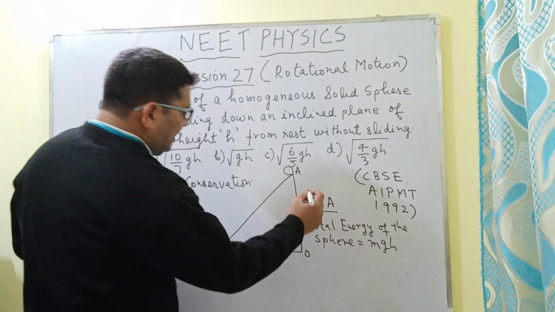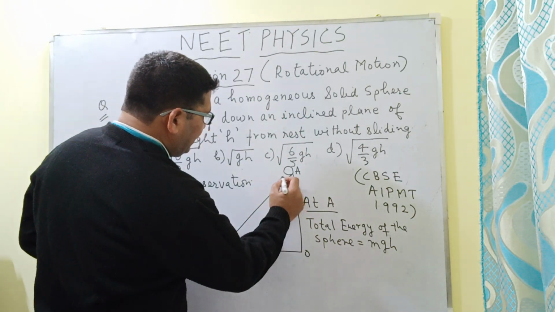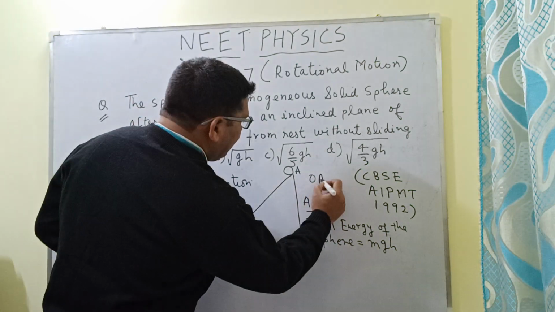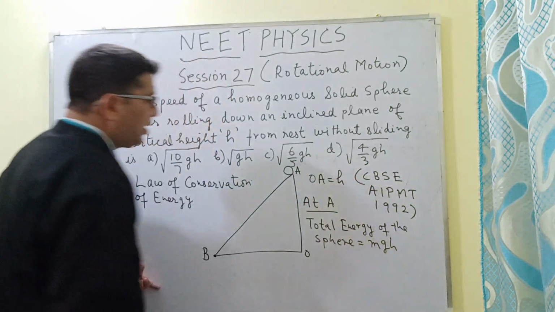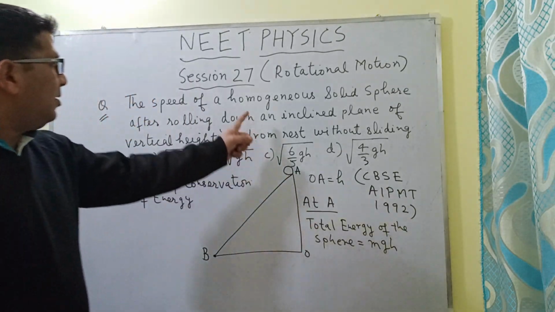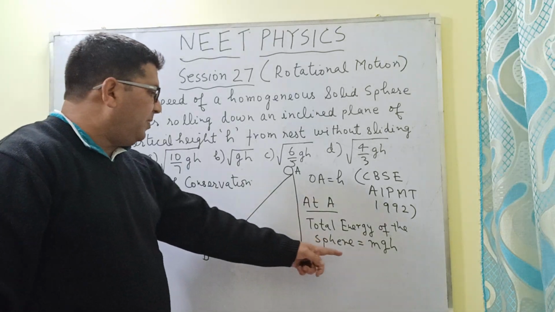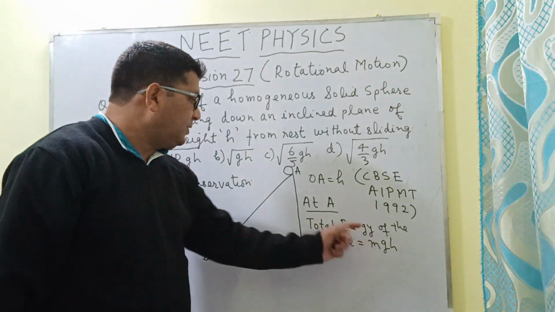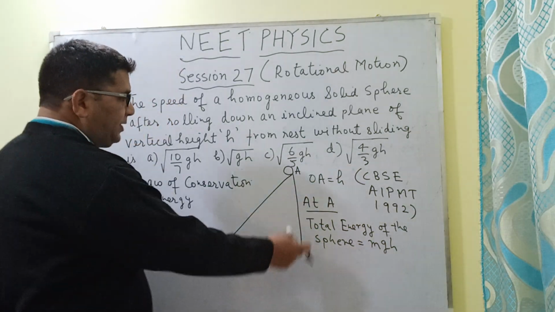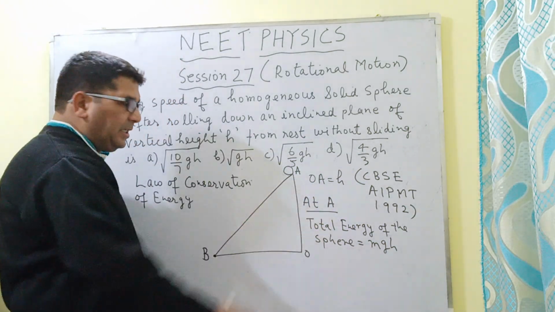The vertical height of this inclined plane is h. That is, OA is equal to h. So at A, the total energy of this solid sphere will be equal to mgh. That is, it will be having only the potential energy by virtue of the height of this inclined plane.